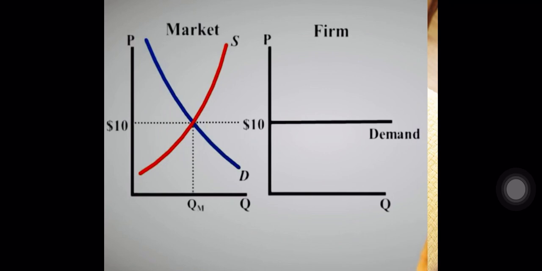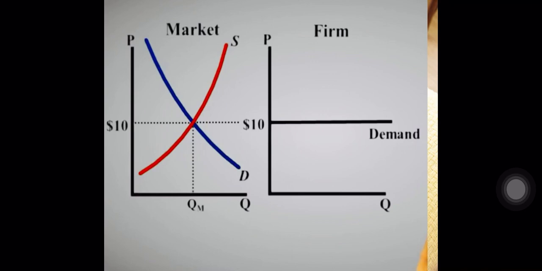And as we said, the perfectly competitive firm takes the price of the market. They are price takers. Nobody can dictate the price level either higher or lower because sellers and buyers in a perfectly competitive market are price takers. So the market price is at $10.